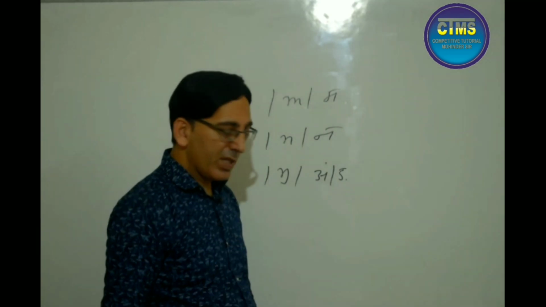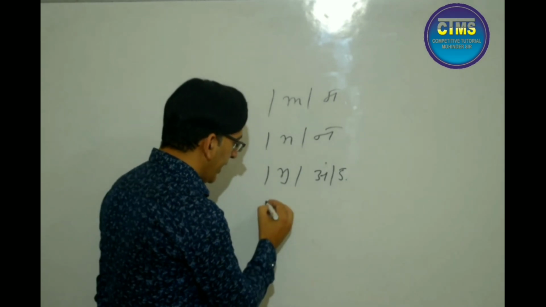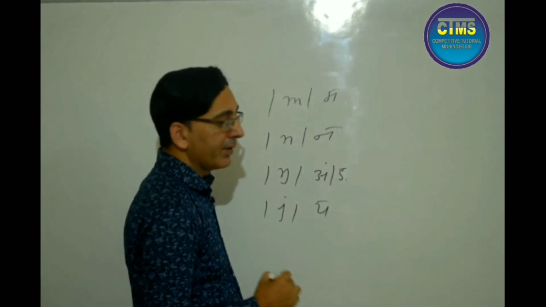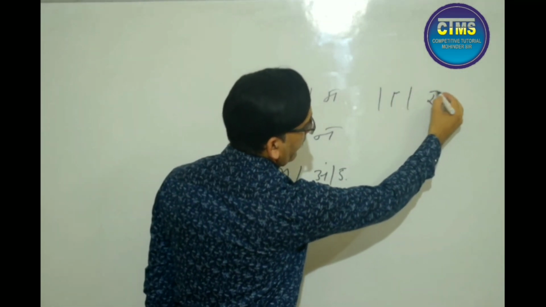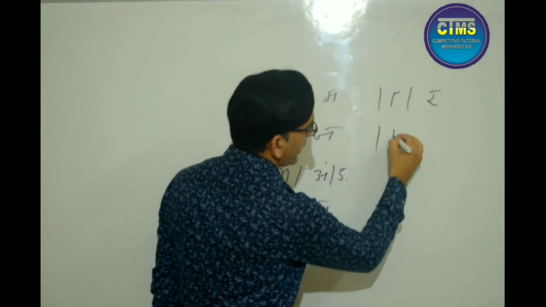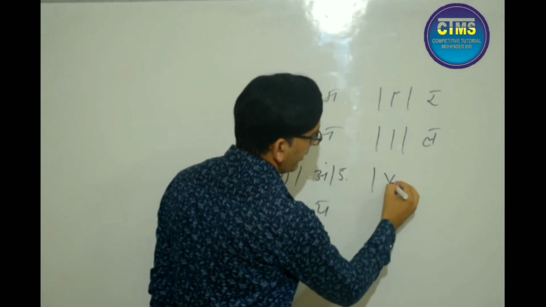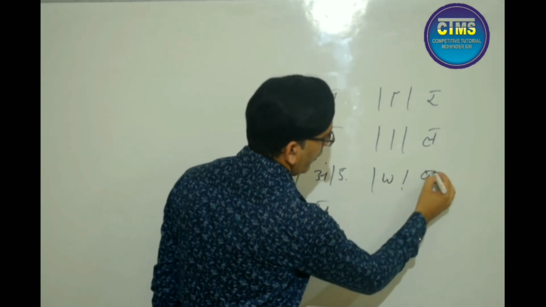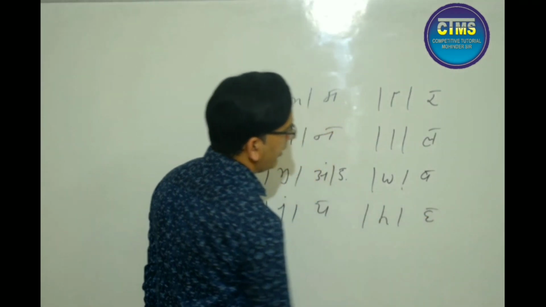Now come to the next sounds, and that is y. It's a y. Clear? It's r. It's l. It's w. It's h.